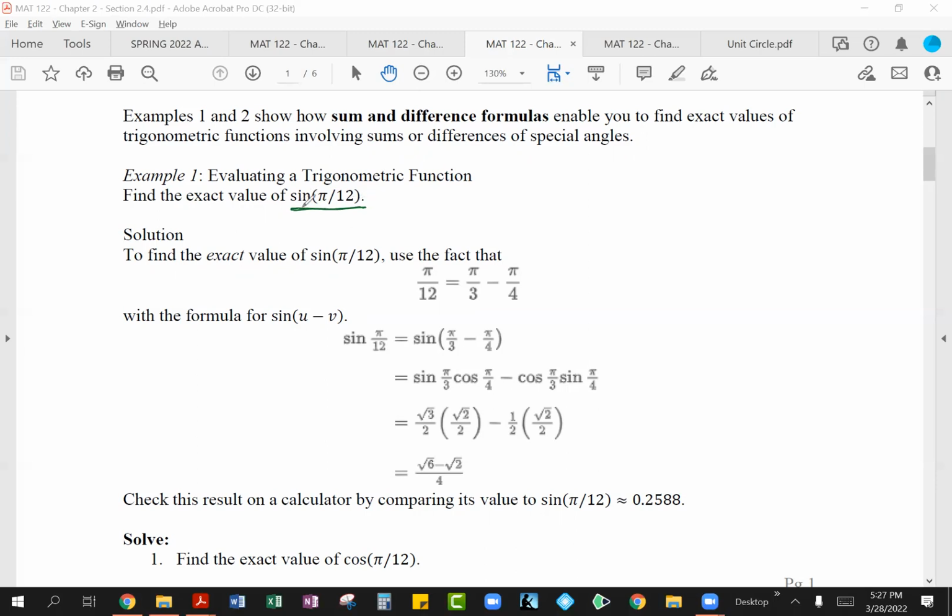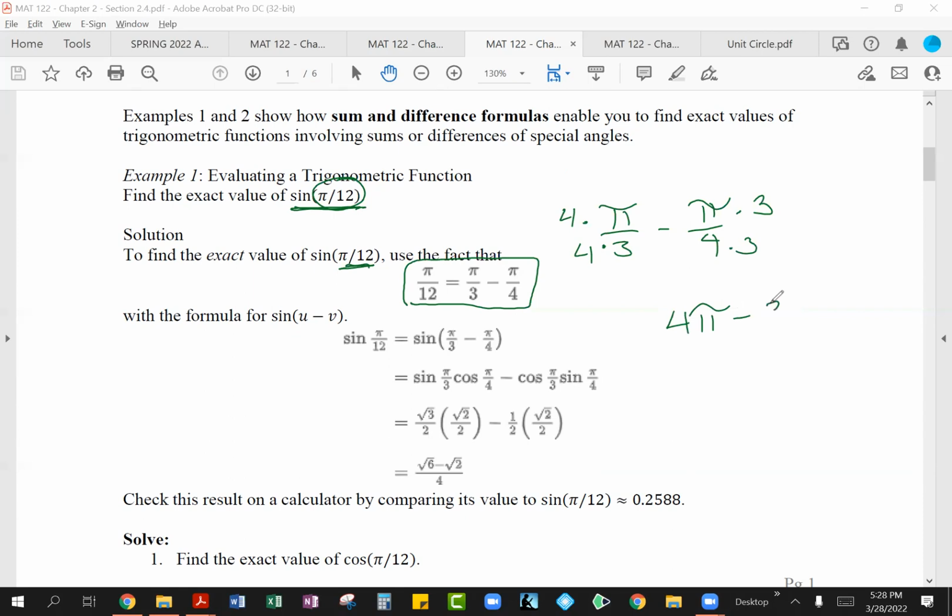So how can we break down that angle pi over 12 so that we can try and find an exact value for it? You will see we're taking pi over 12 and rewriting it as pi over 3 minus pi over 4. And again, this is just using algebra. If I find a common denominator, that will be 12. Multiply this one by 4, multiply this one by 3.